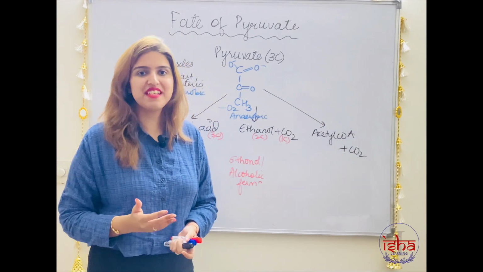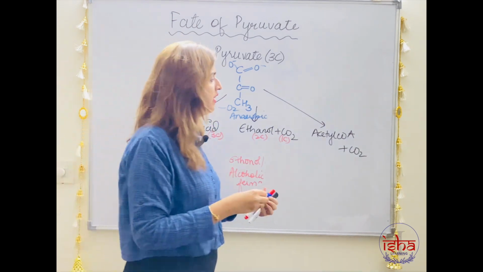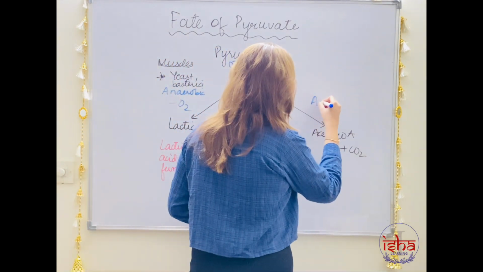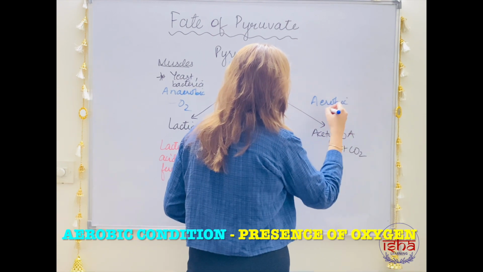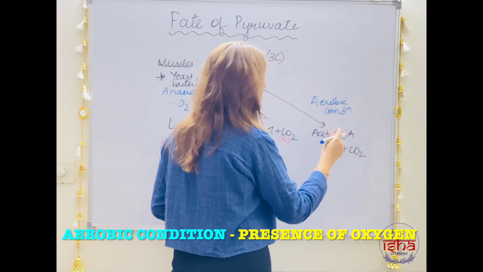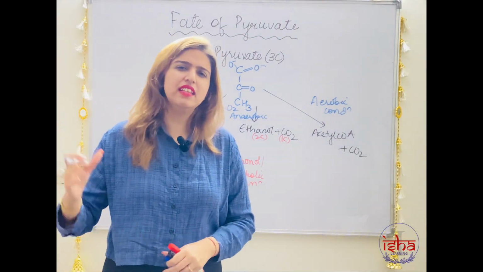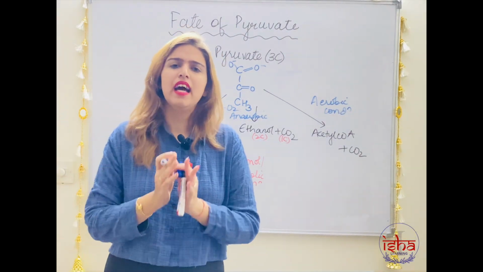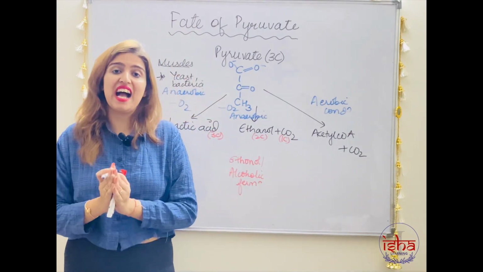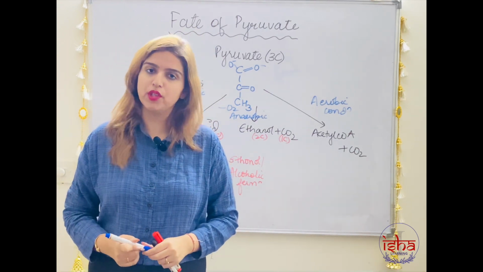Since two conditions are anaerobic, let's have some aerobic conditions as well. So this is the aerobic condition. And after this acetyl-coenzyme A would go on into the Krebs cycle, and then there would be phosphorylation and things that we are going to look at in the subsequent videos.